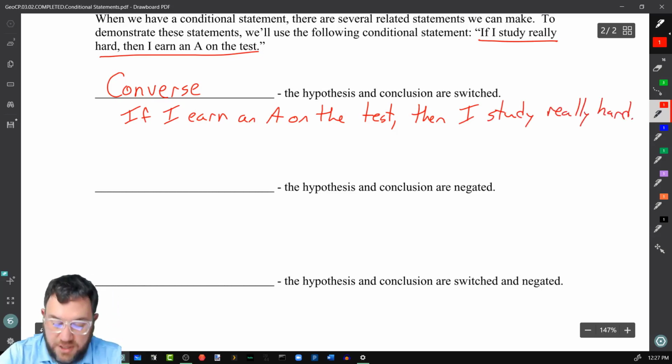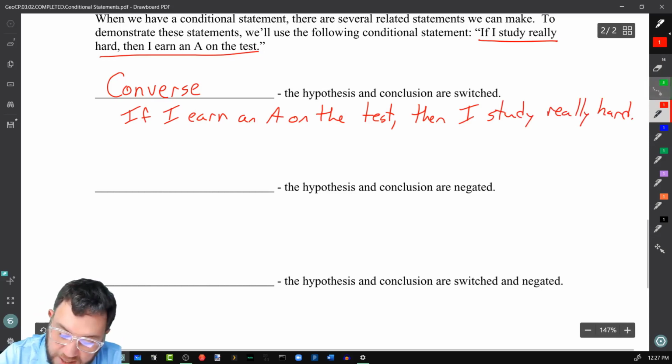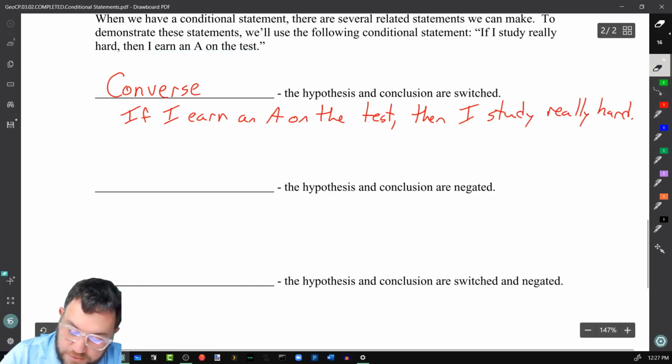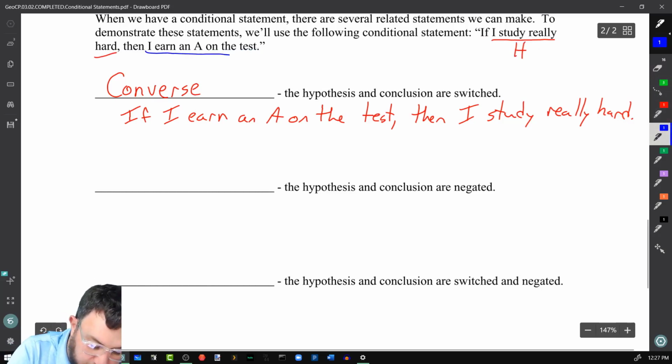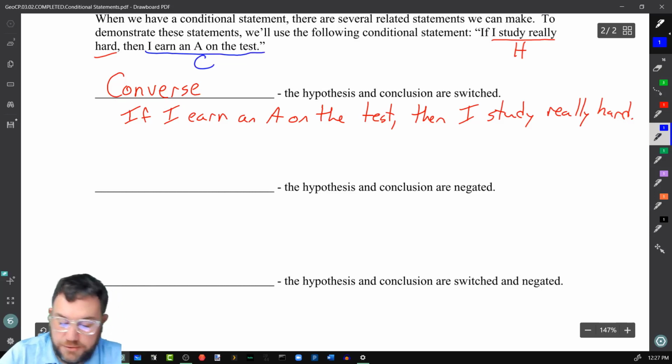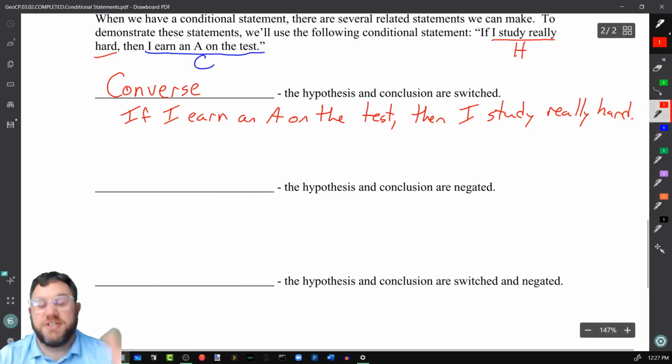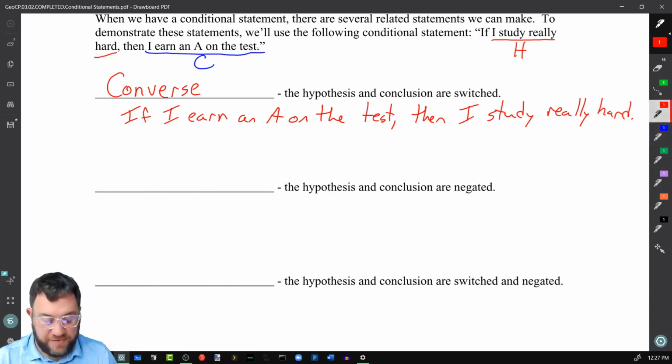I study really hard is our hypothesis. I earn an A on the test is our conclusion. So I just switch them. I put the conclusion after if, I put the hypothesis after then.